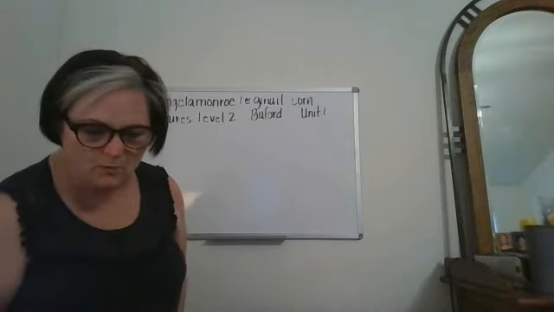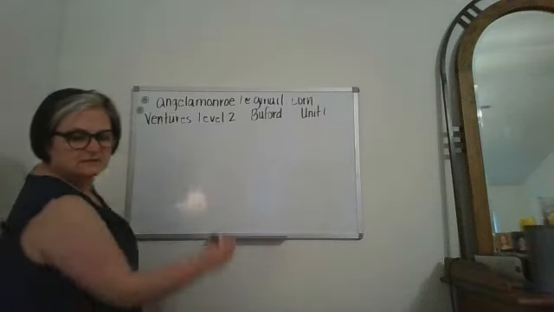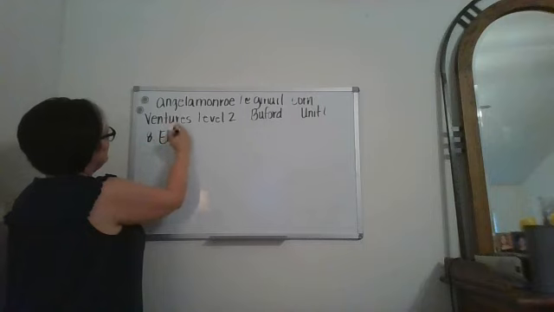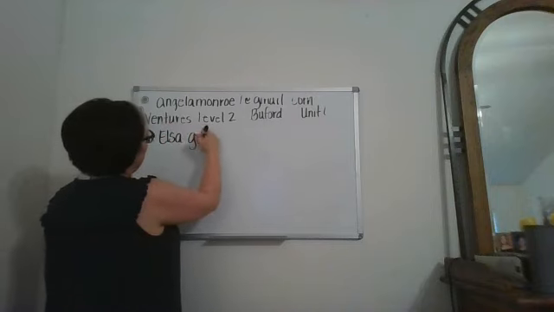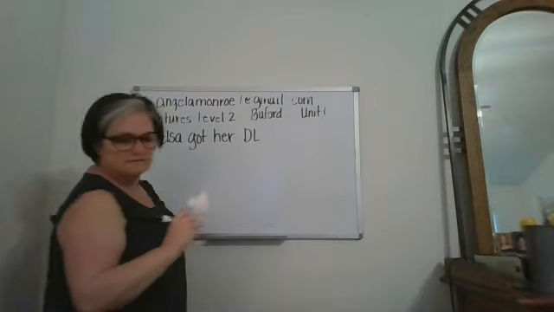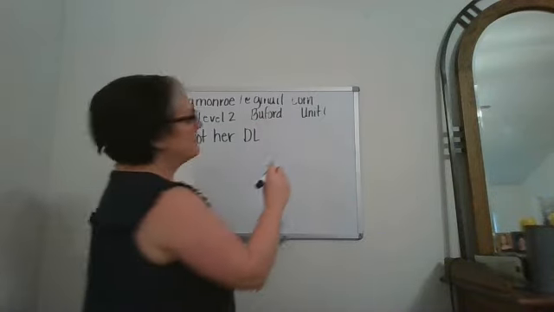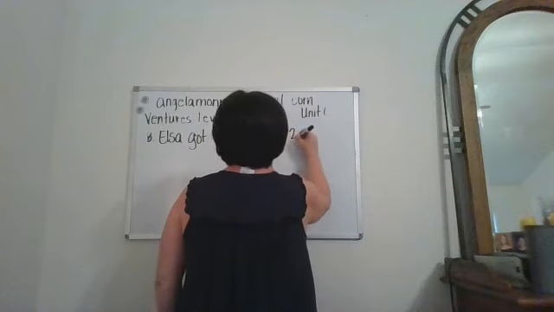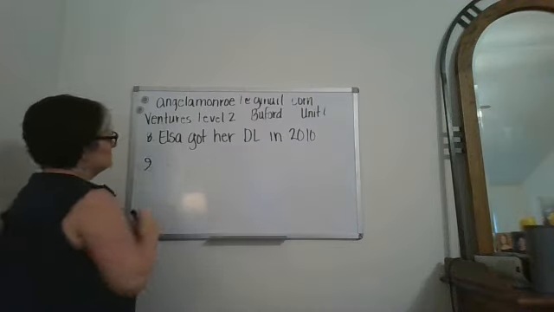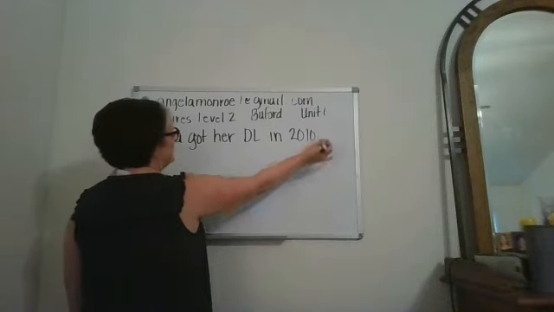All right. When did Elsa get her driver's license? So number 8, Elsa got her driver's license in 2010, right guys? Because it says so on the timeline. We always end a sentence with a period.